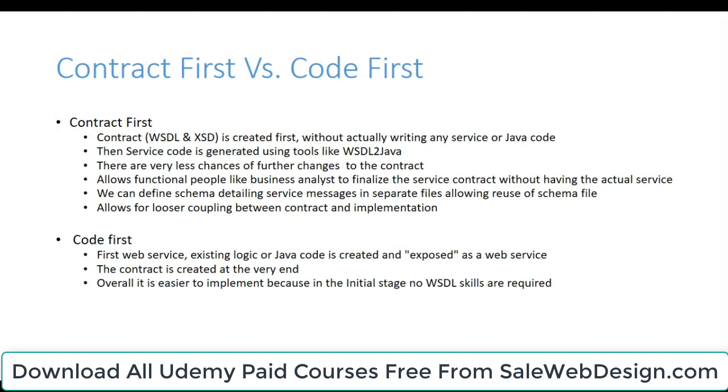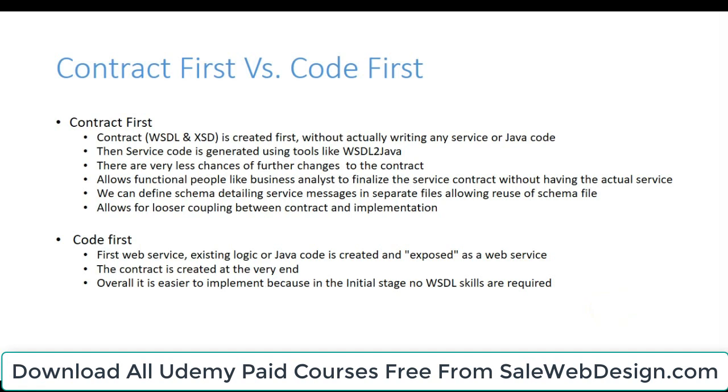In the code first web service, existing logic or Java code is exposed as a web service and the contract is created at the very end. Now let me share some of the reasons that can help you decide in what situations you should go for contract first and in which ones code first approach.